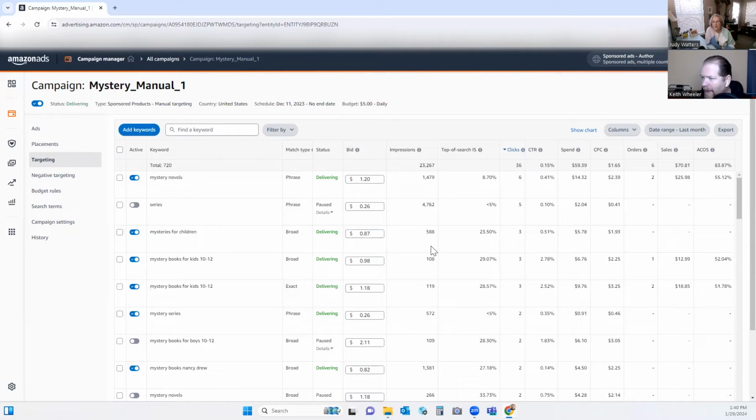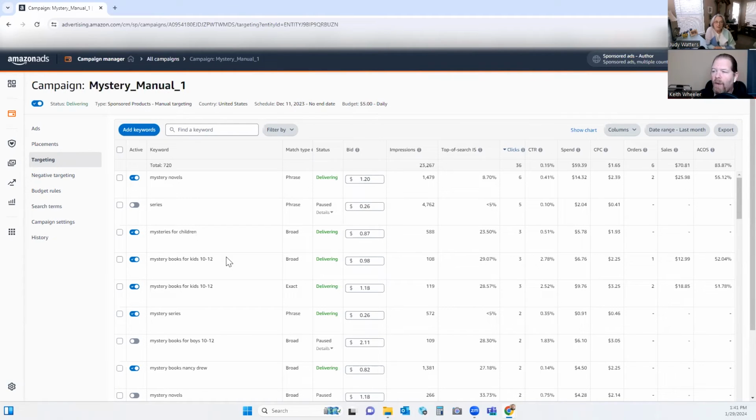Same thing especially for these that have a very good ratio from impressions to clicks to sales, like this one right here, mystery books for kids 10 to 12. See what other similar keywords you can use and create another ad. You can tweak the copy text if you want, or you can just leave it exactly what you've got on this one and then run that one.